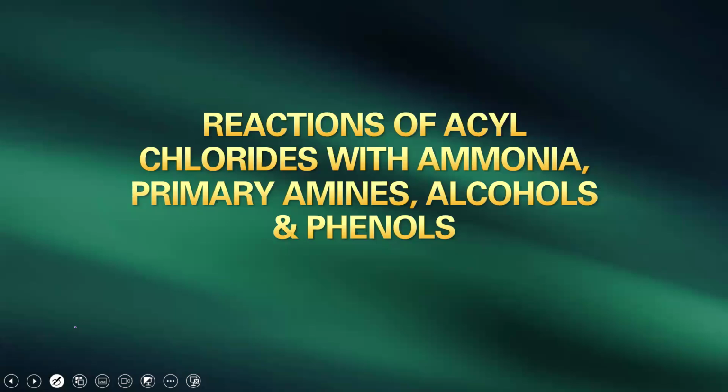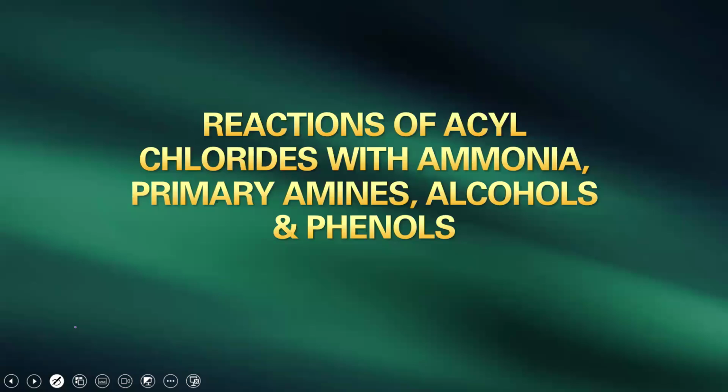Reactions of acyl chlorides with ammonia, primary amines, alcohols, and phenols. Again, remember that acyl chlorides are derivatives of carboxylic acids. Simply, you have introduced chlorine. The speciality is that acyl chlorides are organic reagents.